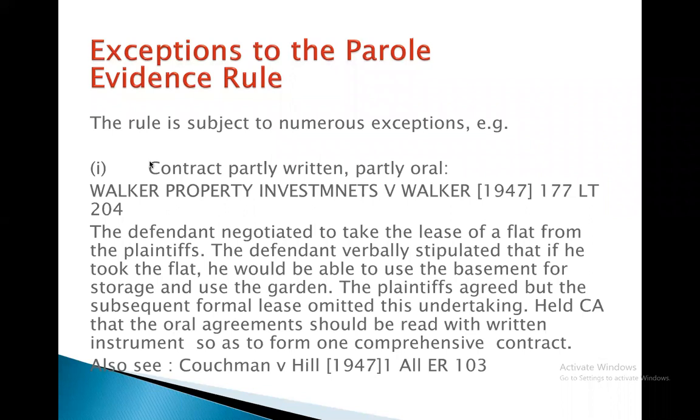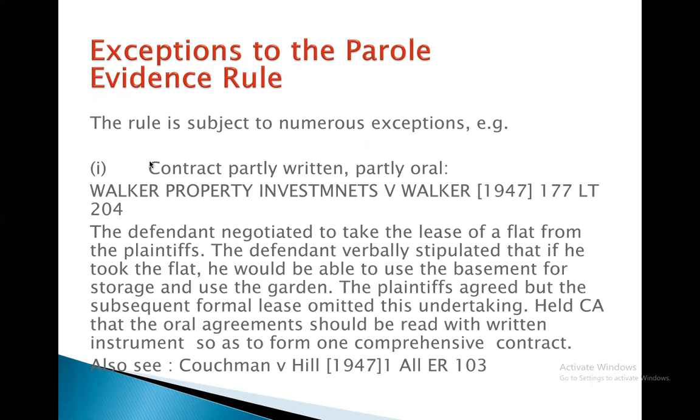The plaintiffs agreed, but the subsequent formal lease omitted this undertaking. In other words, what had been agreed at the oral level did not find its way completely into the written version of the transaction. And for that matter, the English Court of Appeal held that the oral agreement should be read with the written instrument so as to form one comprehensive contract.